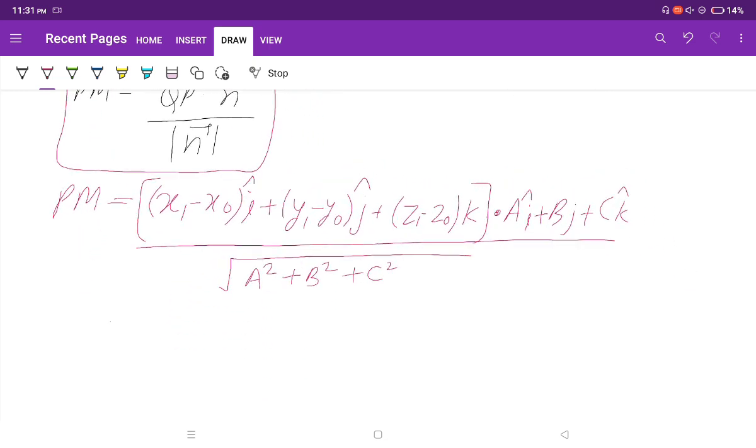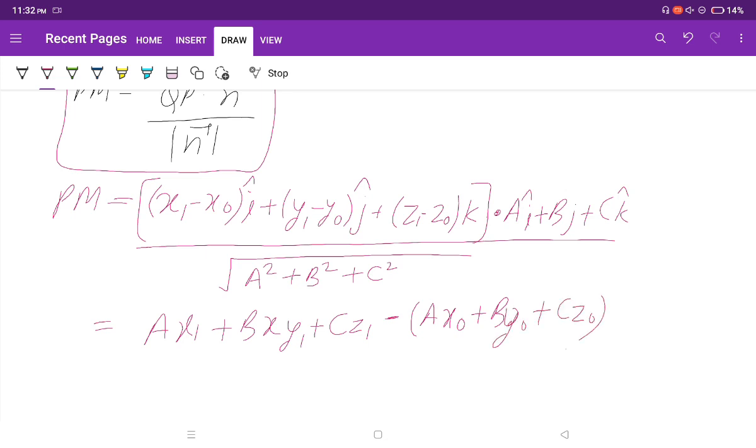So we have a x1 plus b y1 plus c z1 minus a x0 plus b y0 plus c z0, divided by the square root of a square plus b square plus c square.